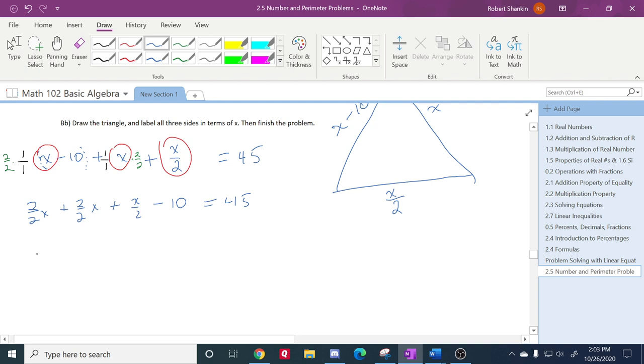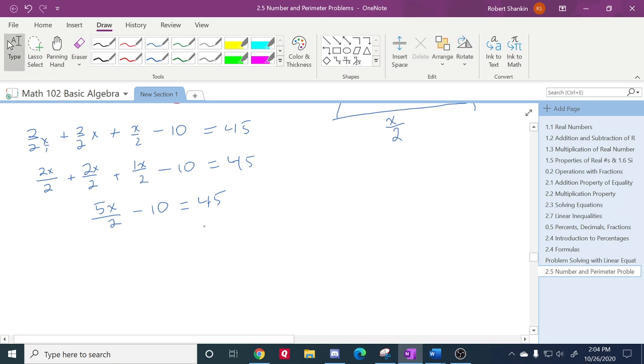Now this is the same as, because x is really x over 1, and x goes with the top number, 2x over 2 plus 2x over 2 plus 1x over 2 minus 10 plus 45. And then add all those top numbers because they have a common denominator. It's 5x over 2 minus 10 plus 45. Or you could be doing this as 2.5x. Any of those would be fine.